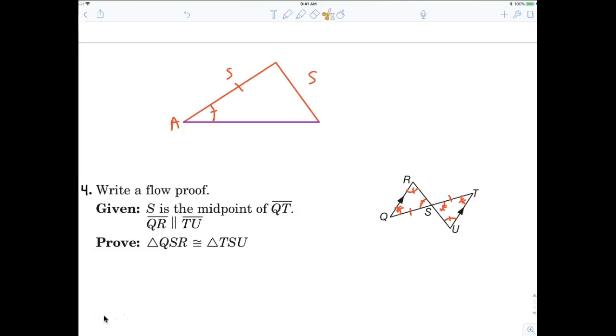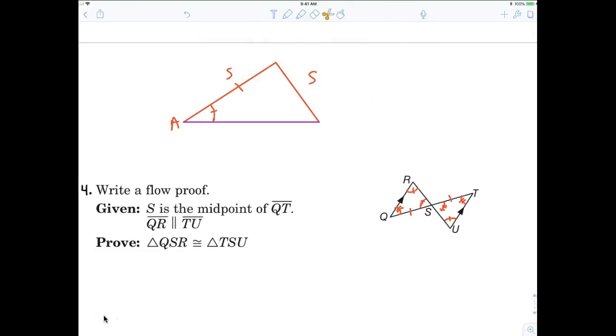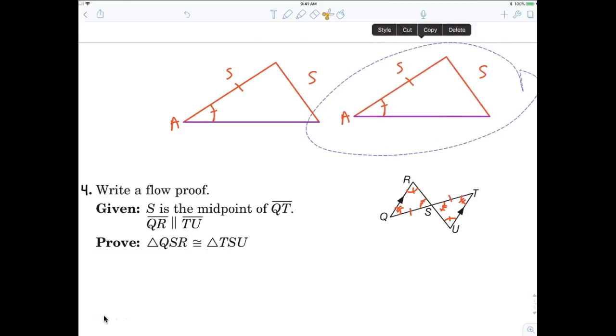Now watch. I'm going to copy it just so it's exactly the same. I'm going to try to make it exactly the same. So those triangles right there are exactly the same. Now watch what I'm going to do.